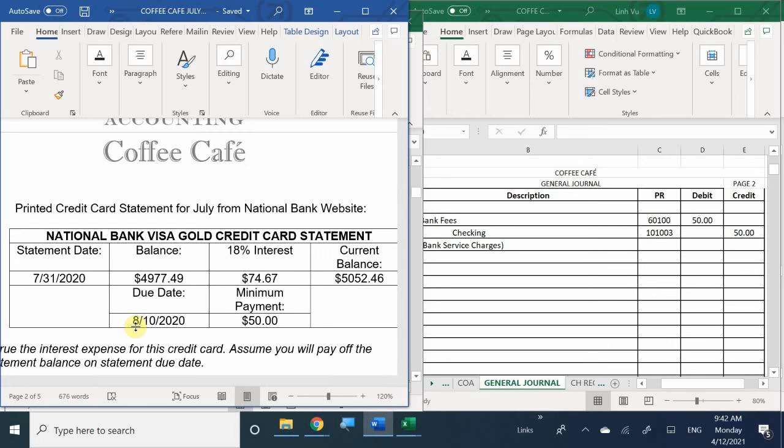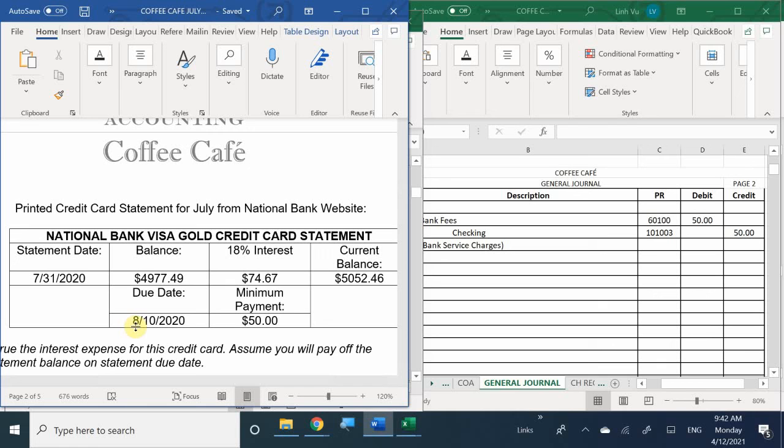So here, right, we retrieved it from online, right? They produced the statements almost instantly. And we recognize that right now, we currently owe $4,977.49, right? The interest was 18%, which they charged us $74.67. And lastly, that makes our total current balance to be $5,052.46.